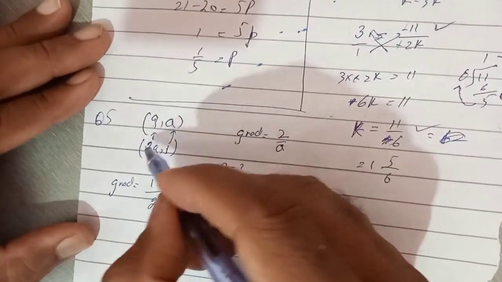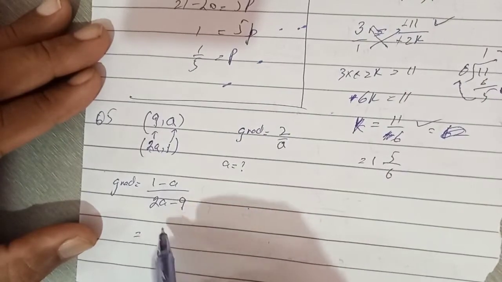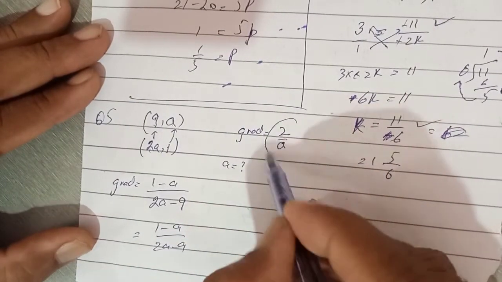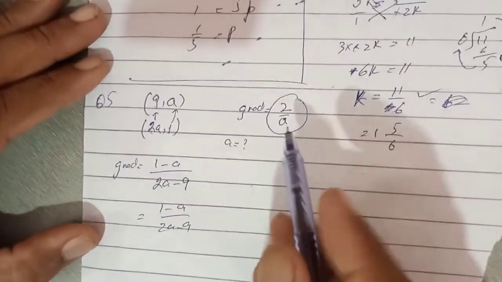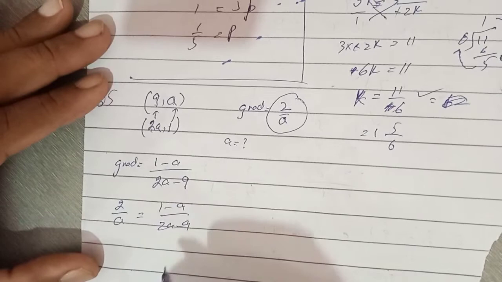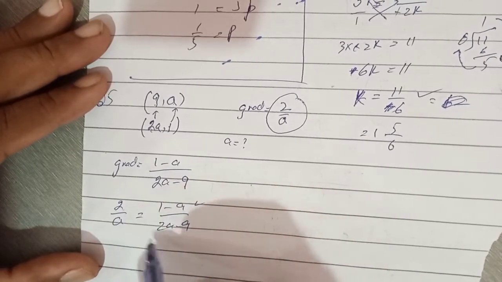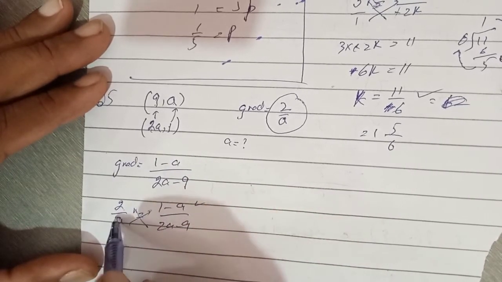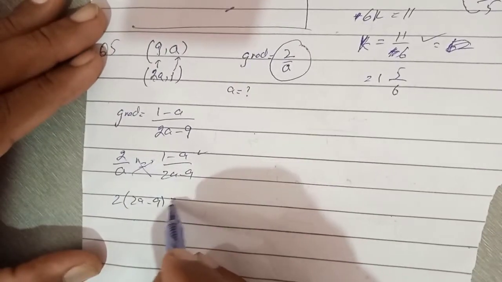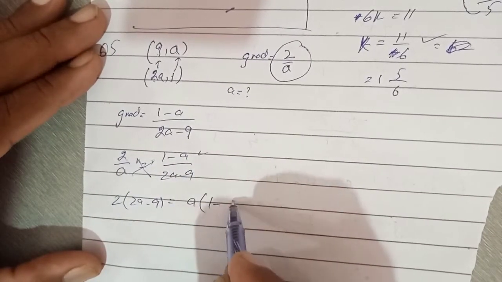This minus this and this minus this. Now as given in the question, the gradient has value 2 over a. So I put this value on the left hand side. Now this is a fraction, we do cross multiplication. 2 is multiplied by 2a minus 9 and a is multiplied by 1 minus a.